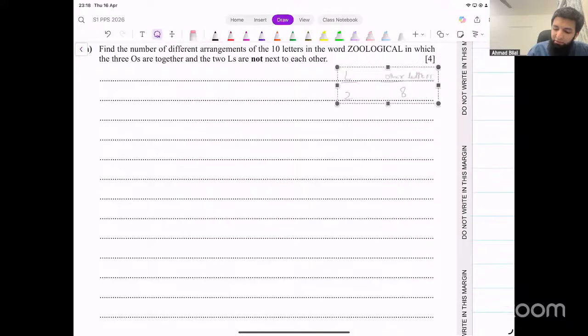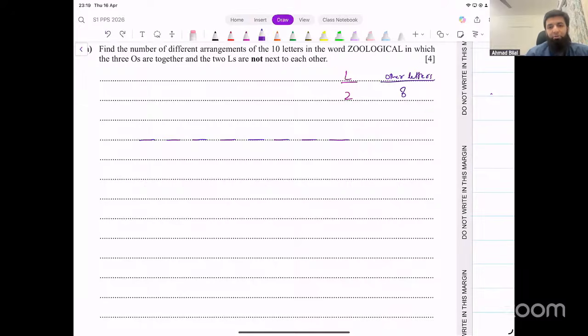Now we start from the objects that we do not need to separate. These letters we do not need to separate, and we make dashes for them. 1, 2, 3, 4, 5, 6, 7, 8. We make 8 dashes for the remaining 8 letters apart from the 2 L's.